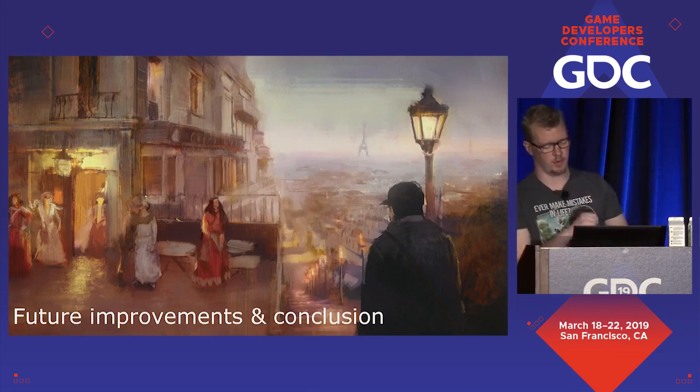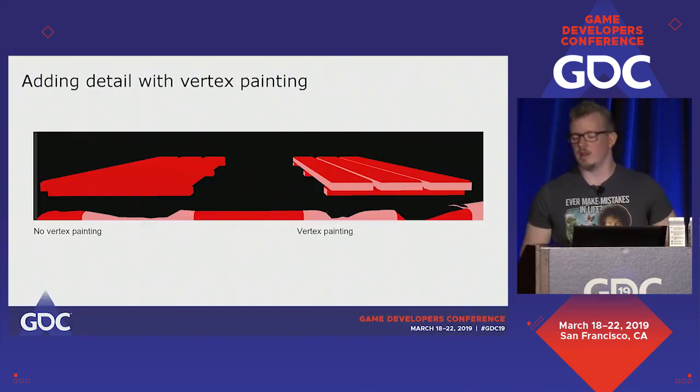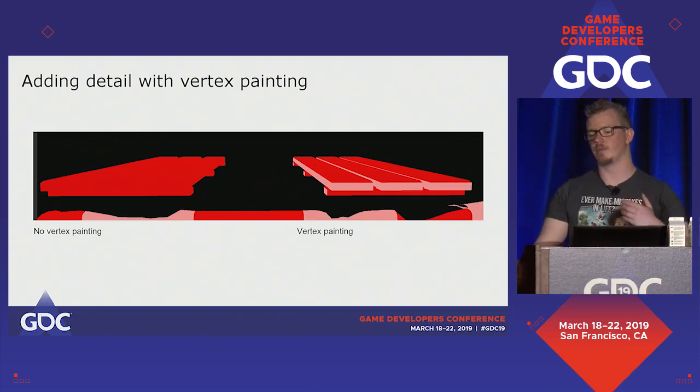All right, so now I'm going to talk a bit about future improvements and a conclusion. So one drawback of using substances is that they wouldn't take the topology of an object into account. So for example, these floorboards you see here, you would actually need smaller strokes on the thinner sides of the boards than on the rest of them.